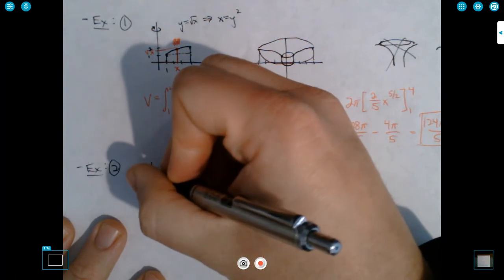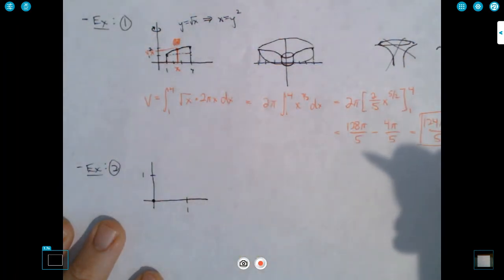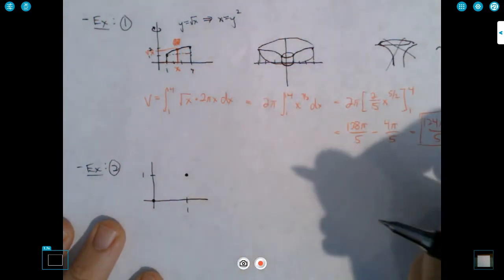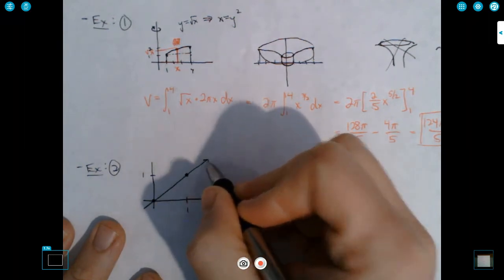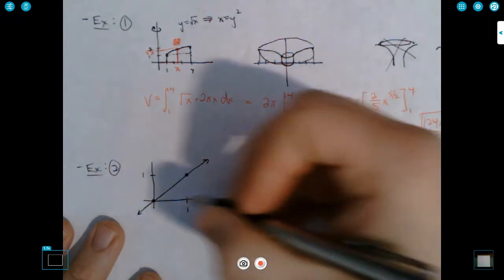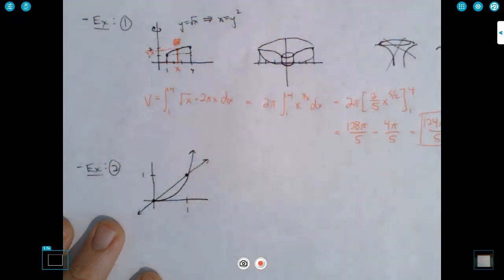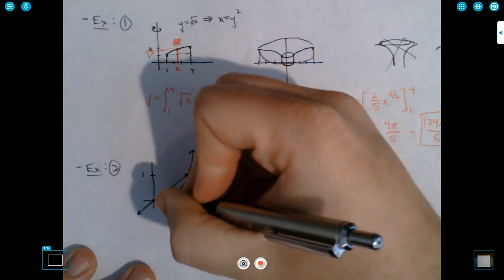So I happen to know that y equals x squared and y equals x both go through the point 0, 0, and they also both go through the point 1, 1. And y equals x does so in a straight path. y equals x squared does so in a curvy path. So this is the little region that we're talking about.